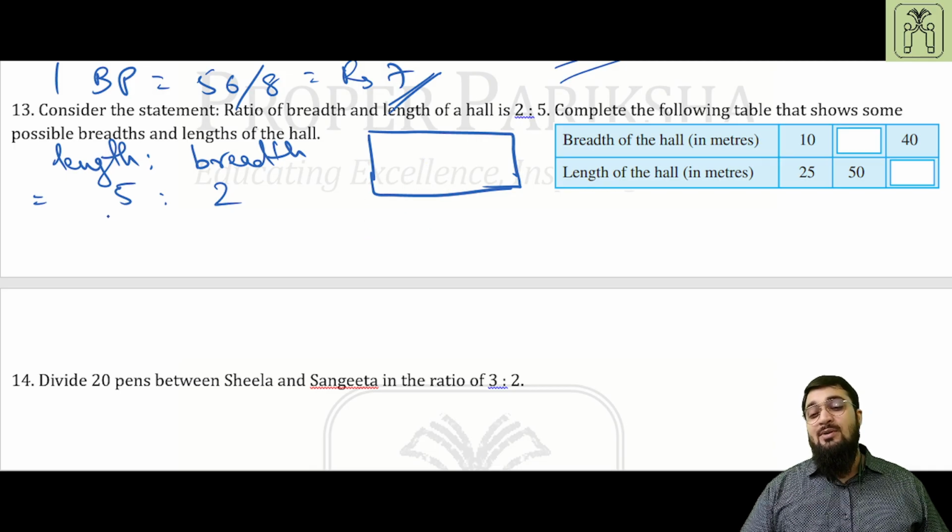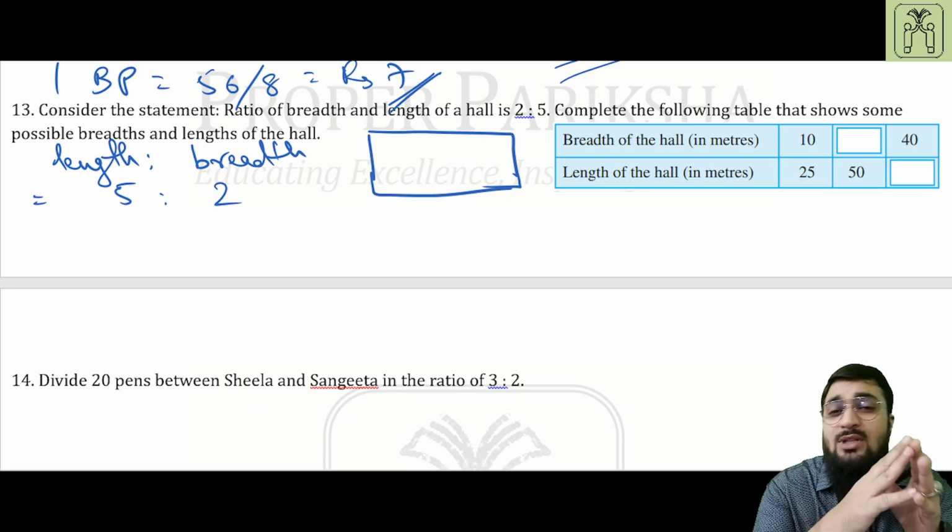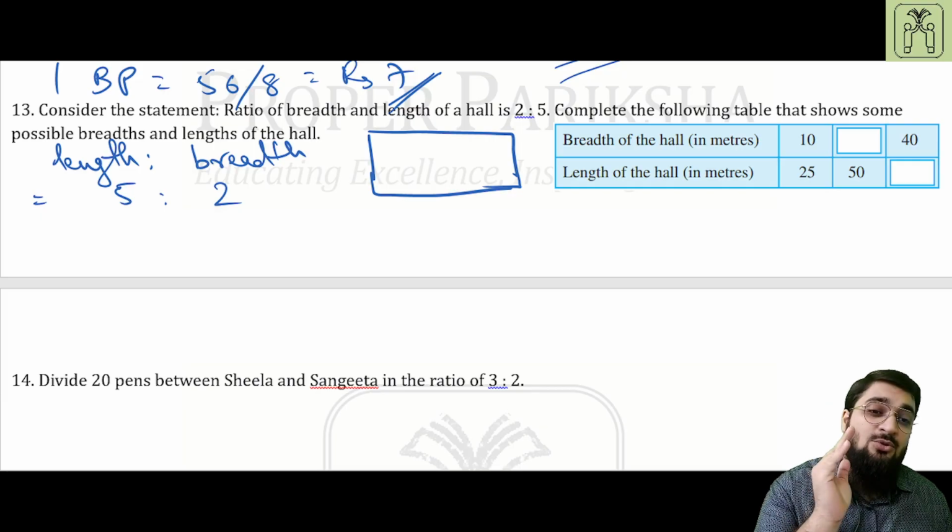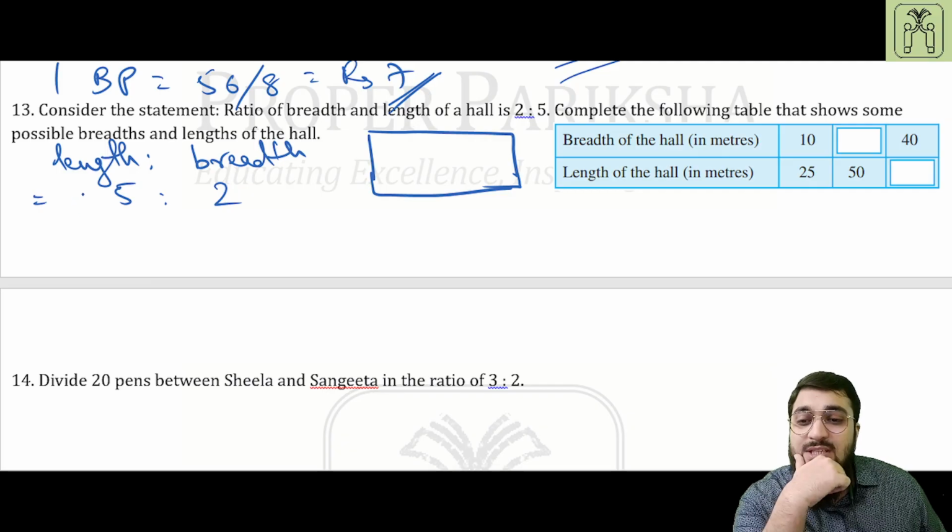So what do we have to do? Either you can solve it with a variable, using an x, or you can solve it by using the concept of fractions.